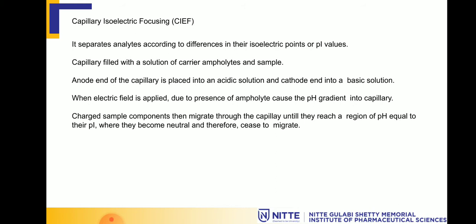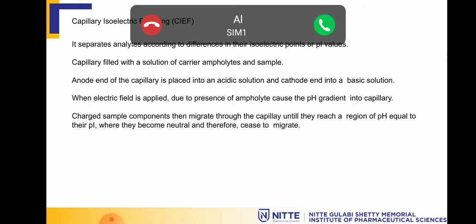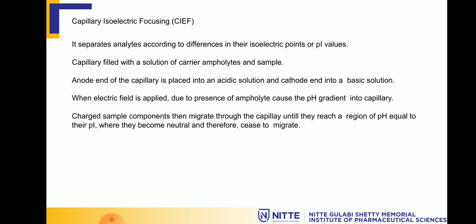The capillary is filled with a solution containing ampholyte and sample, and the anode end of the capillary is placed in acidic medium, or the cathode is placed in the basic medium. When an electric field is applied, due to the presence of ampholyte, it creates a pH difference or pH gradient in the capillary.